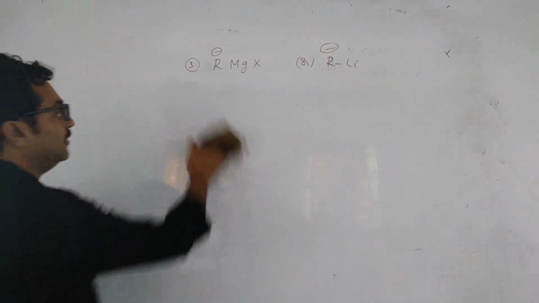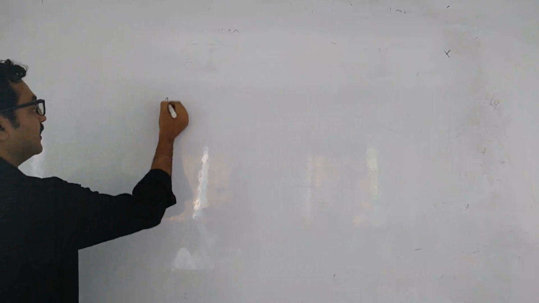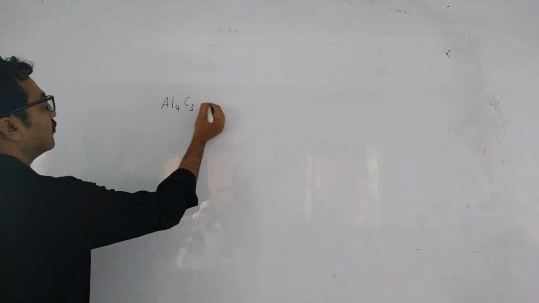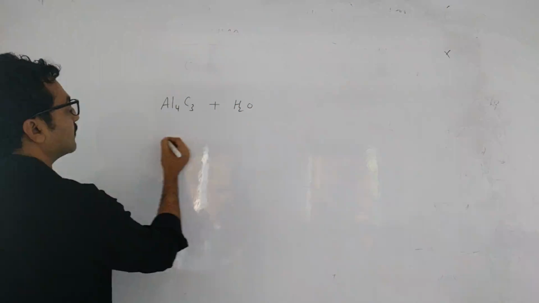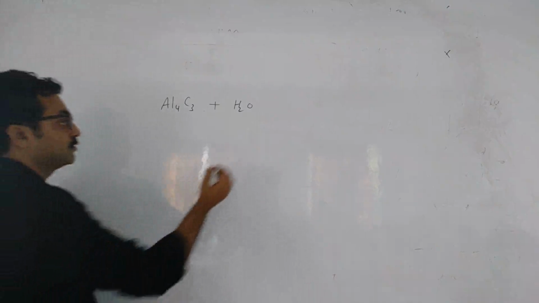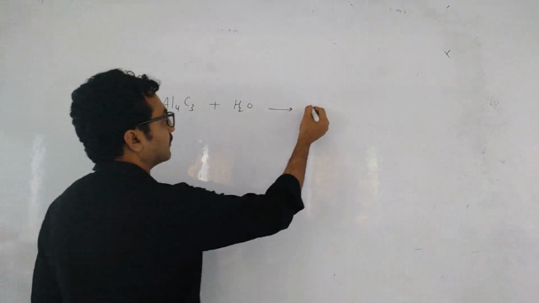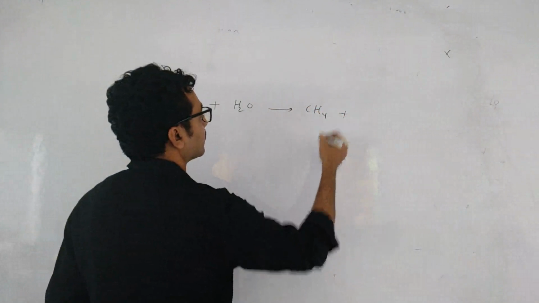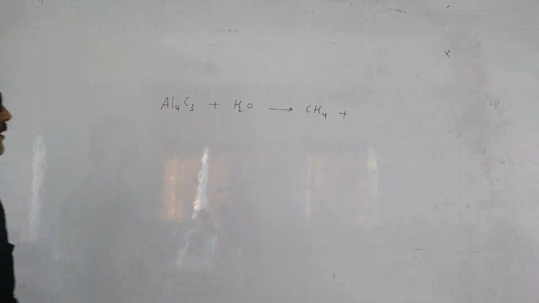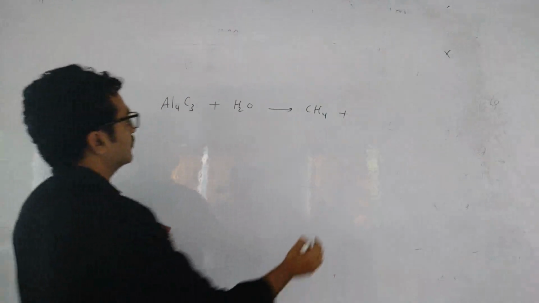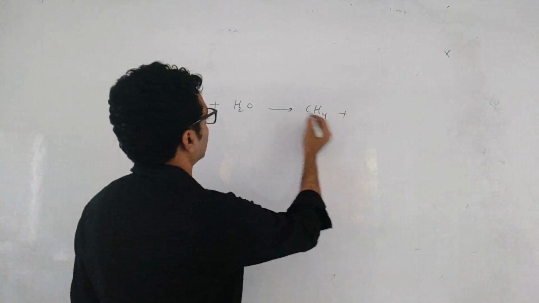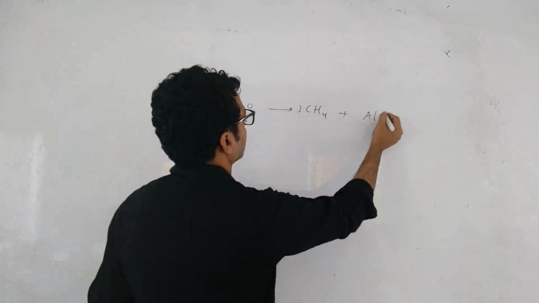Okay, what is the next, children? Beryllium carbide or aluminum carbide. If you take aluminum, Al4C3 plus H2O, you will get methane. 3 moles of methane you will get, children, plus aluminum hydroxide.